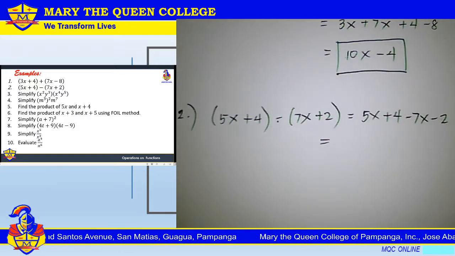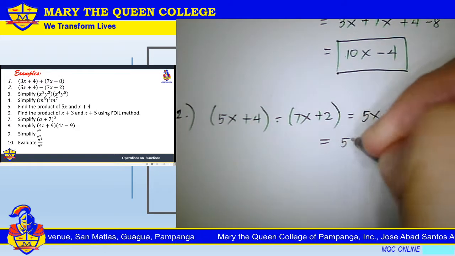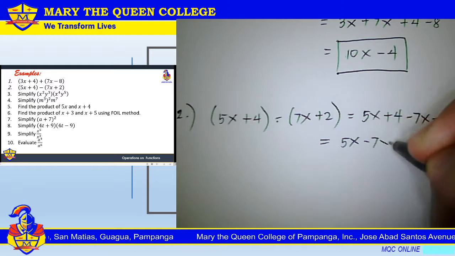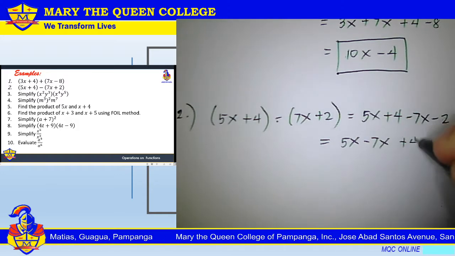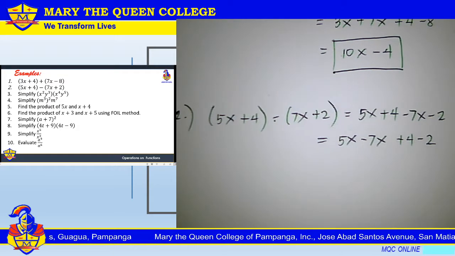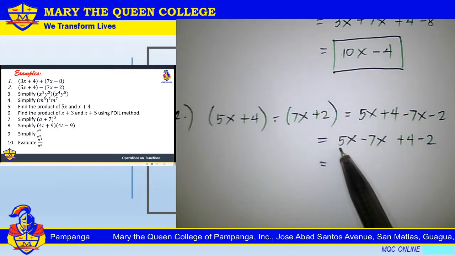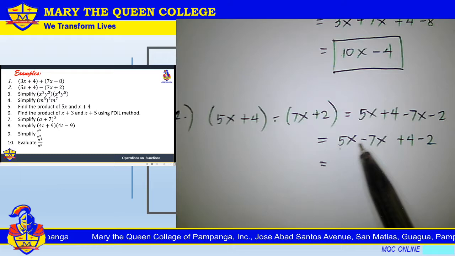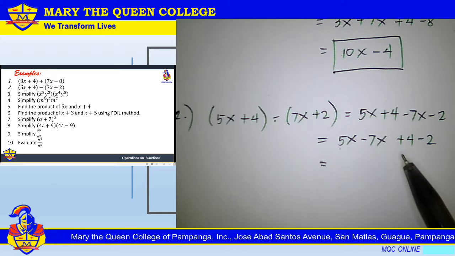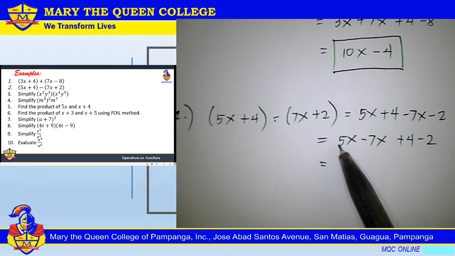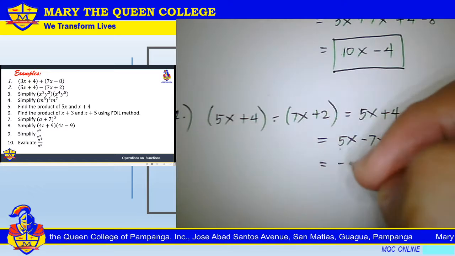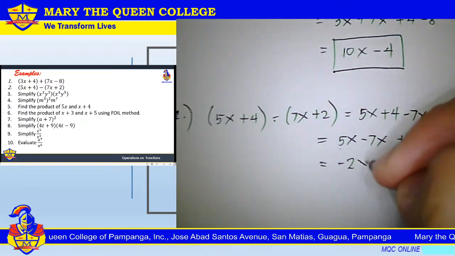Okay. We can now simplify it by combining like terms, no? 5x minus 7x plus 4 minus 2. Simplify it further. 5x minus 7x, since parehas po ng base natin which is x, so simply 5 minus 7, that is negative 2 or negative 2x.